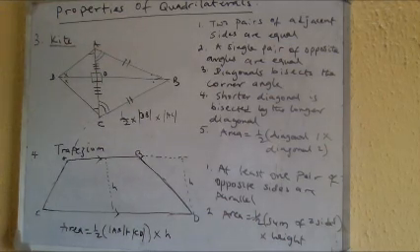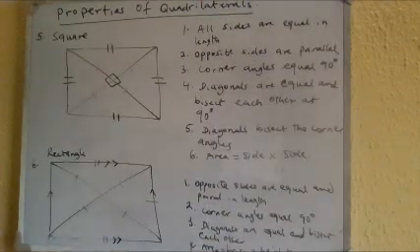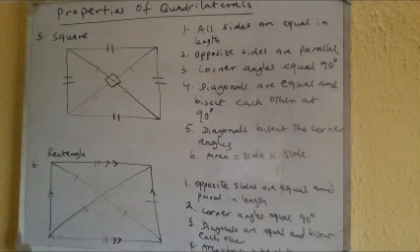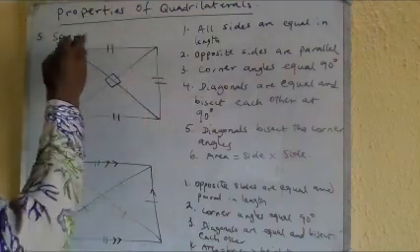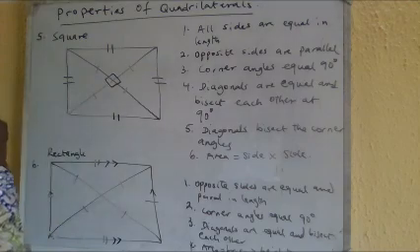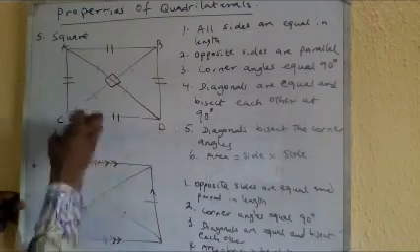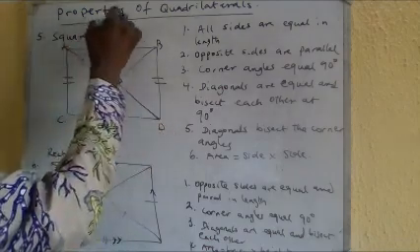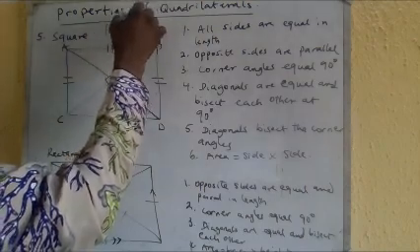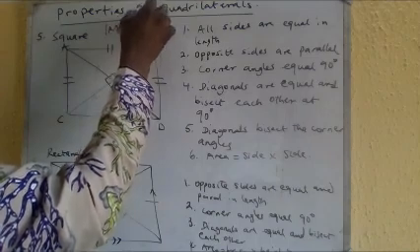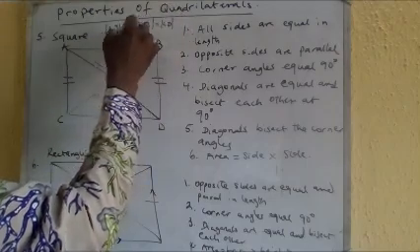We discuss rectangle and square, the last two properties of quadrilaterals. I have the square that looks like this. All sides of the square are equal in length. So A, B, C, D. For the square, line AB is equal to line BD is equal to line CD and is equal to line AC.